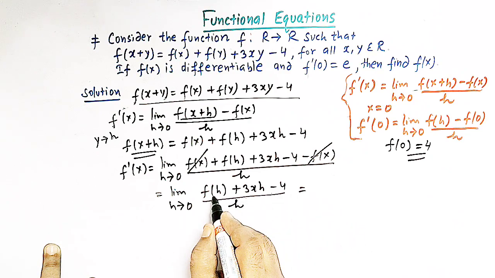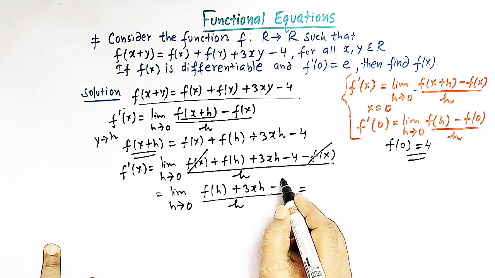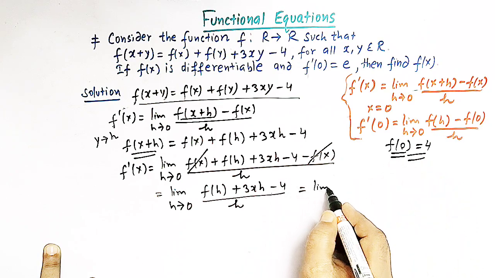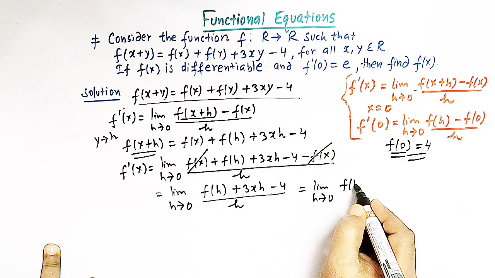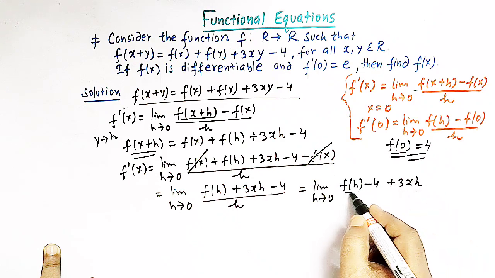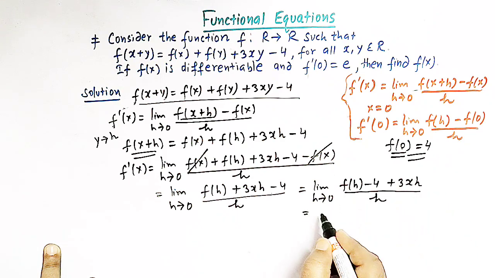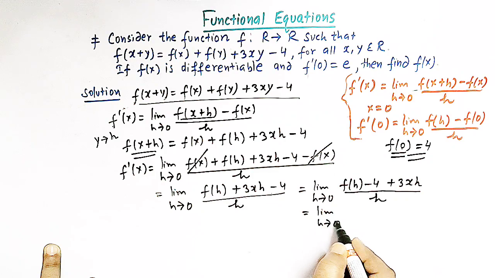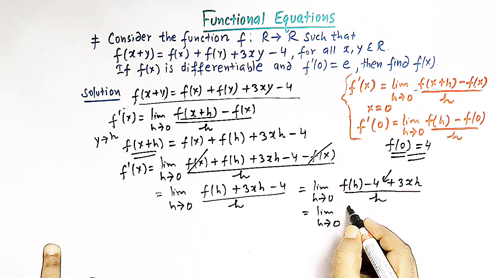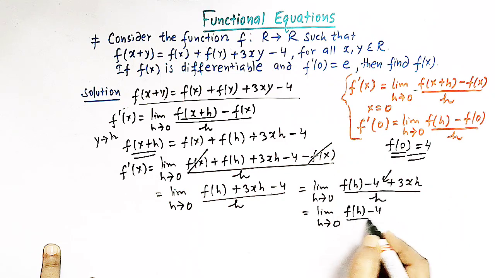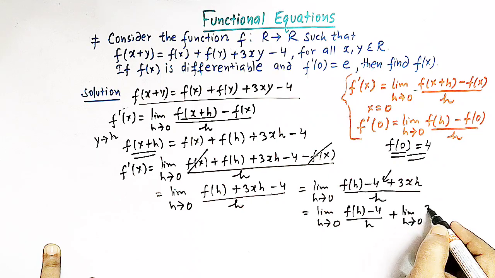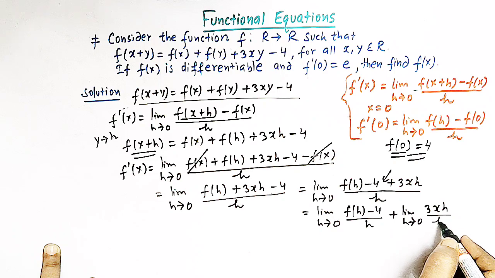So now let us combine these two terms, and for 4 we can now write f of 0. So we have limit h tends to 0, f of h minus 4, and here we have 3xh divided by h. Now from here we can break this expression. So we have f of h minus 4 over h plus limit h tends to 0, 3xh divided by h.